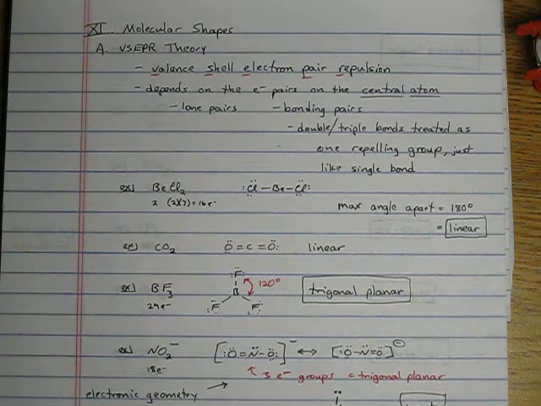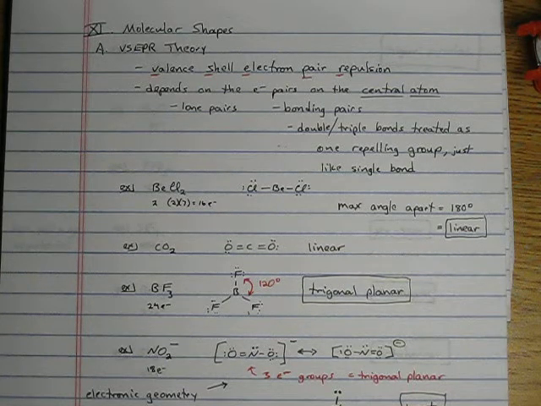Because you cannot separate the 4 electrons from each other in a double bond. You can't have one part of the double bond on one side of an atom, one part of the double bond on the other side of the atom. That cannot happen. Both parts of the double bond must be bonded to the same atom, so they must be on the same side of the central atom. This will become more obvious as we go through it.